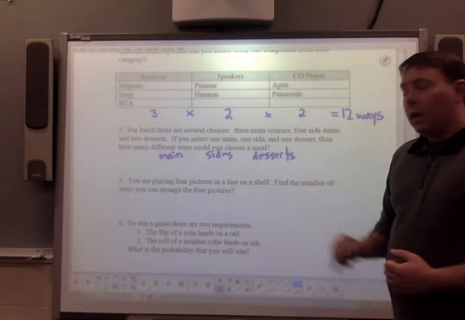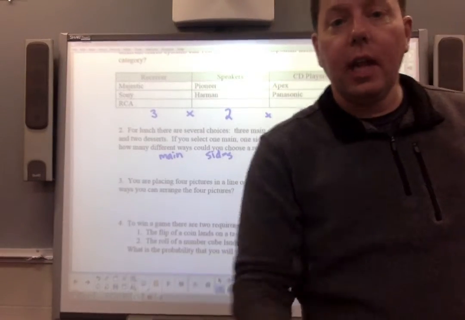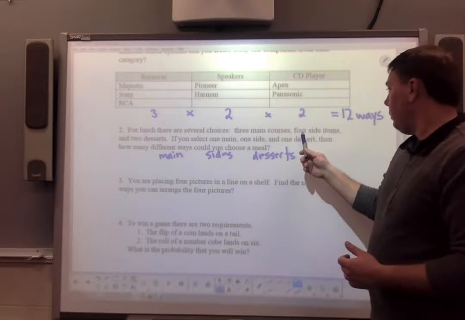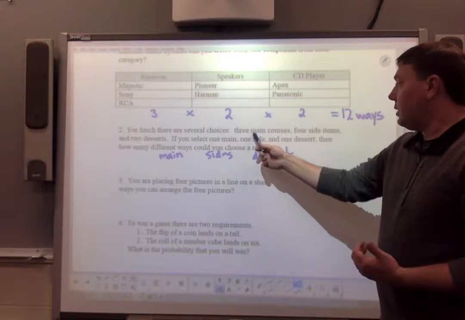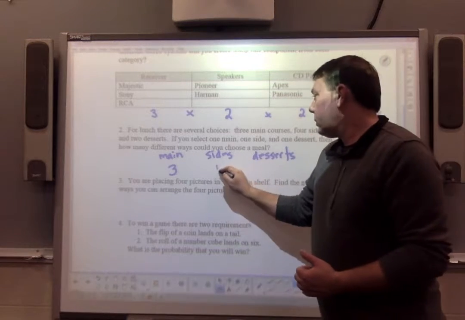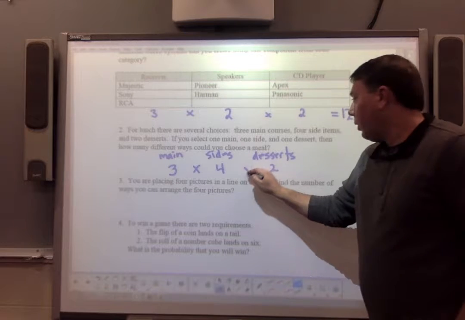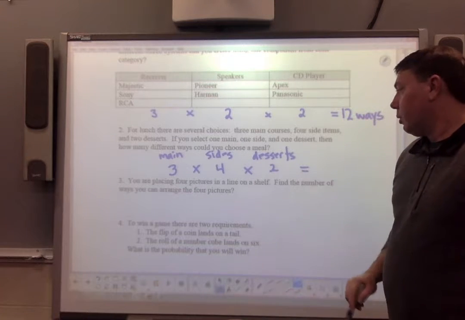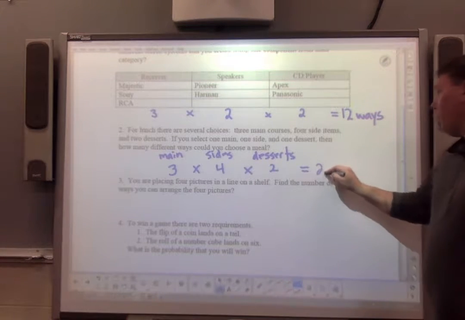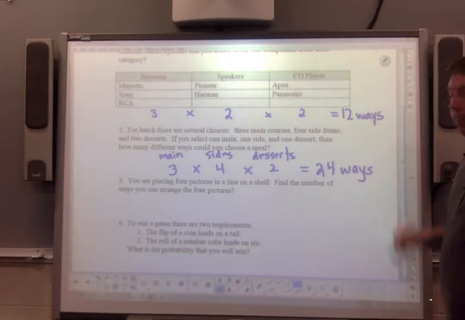Okay? You need to know how many are in each category. So when you're trying to figure out how many are in each category, you just want to count them. And here it just tells you 3 main courses and 4 side items and 2 desserts. So we have 3 times 4 times 2. So 12 times 2 would be 24 different outcomes, or 24 ways.